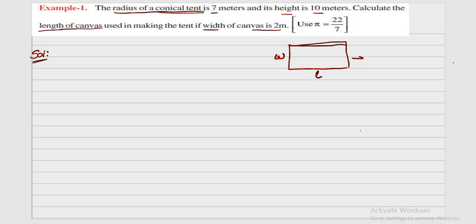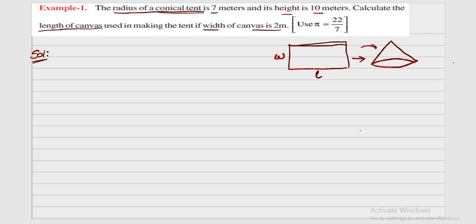So this particular rectangular sheet or the cloth is converted into the shape of a cone, into the shape of a conical tent. That means this particular shape is going to be converted into the shape of a tent. In the tent again you don't have any base, right?